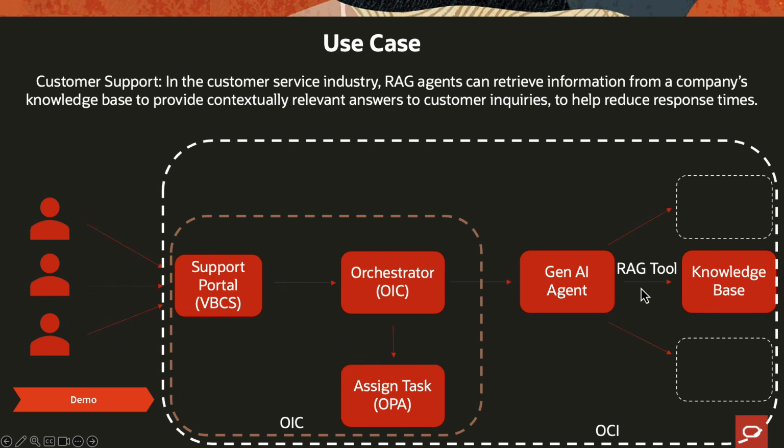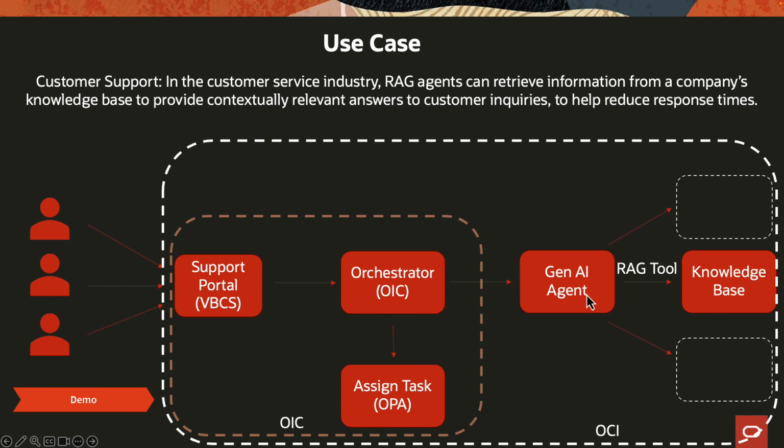So basically, just to summarize, we built the knowledge base, we created an agent, linked the knowledge base, and added the RAG tool to use this knowledge base. We created an integration that is exposed as a REST API. We created the support portal in VBCS, passing the user query and email to this integration.